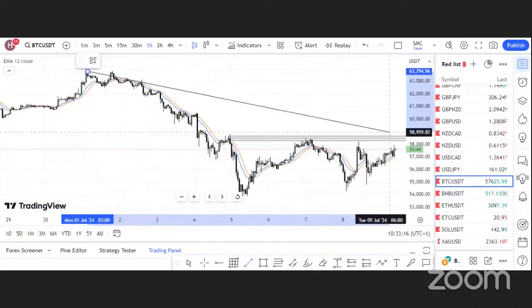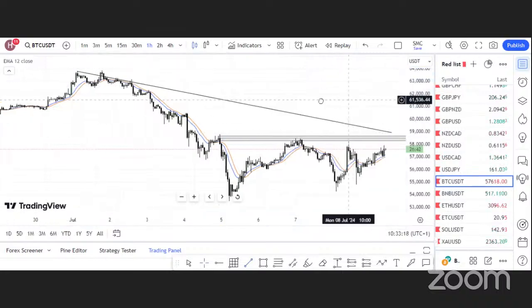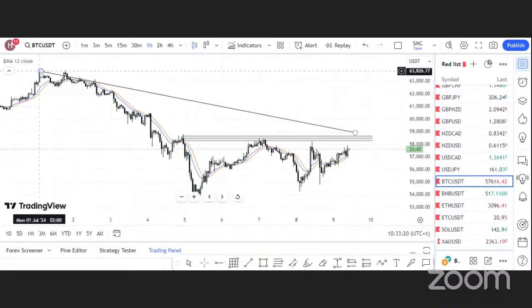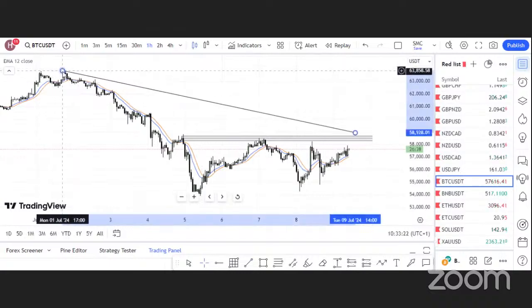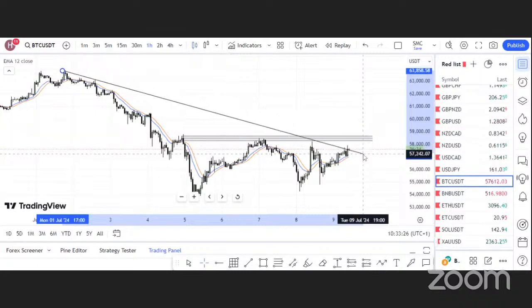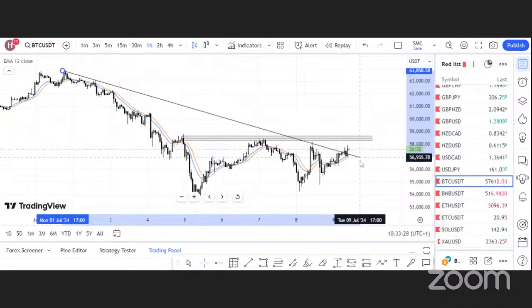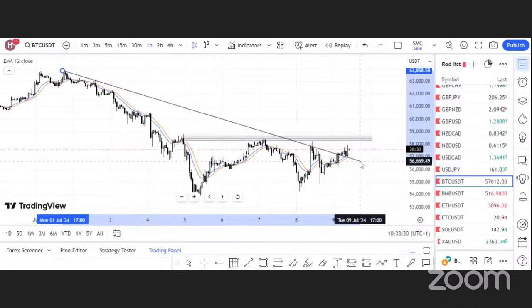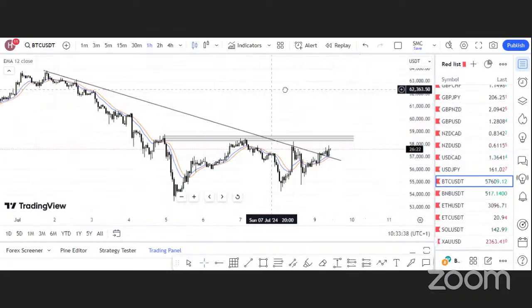Let's see if we can get... Okay, it's not aligning well. Okay, I think it did align well with the market movement.